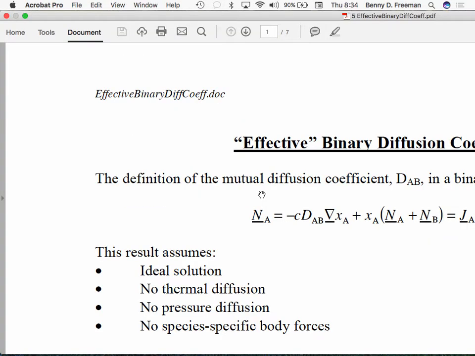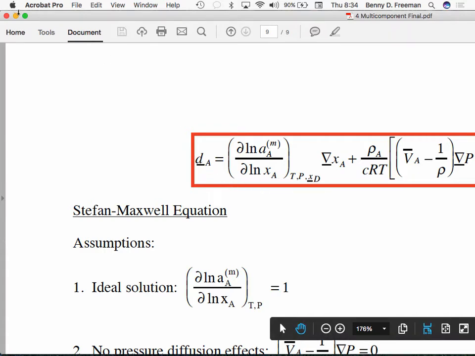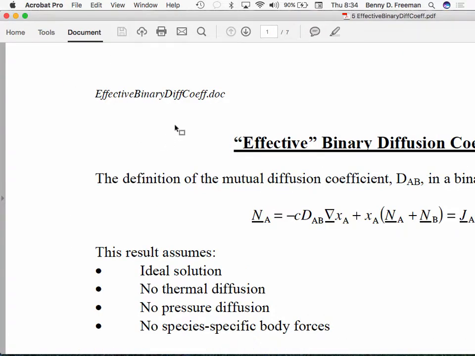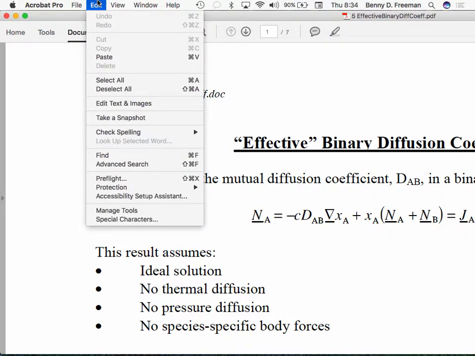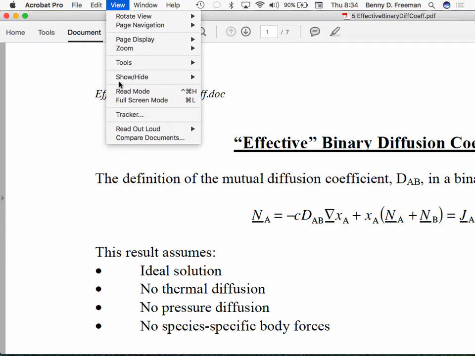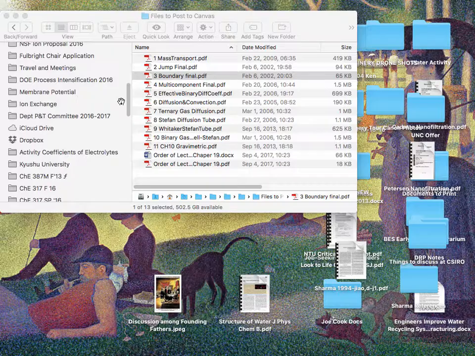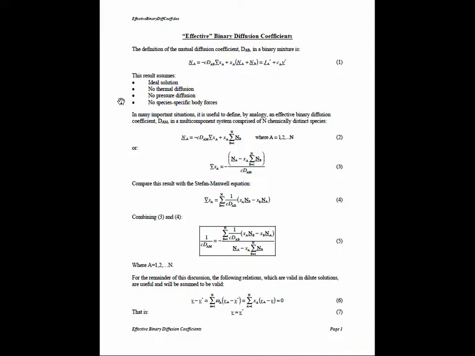The last piece of the theory I want to get to before we go back to problem solving is shown here. And this is related to the concept of effective binary diffusion coefficients.